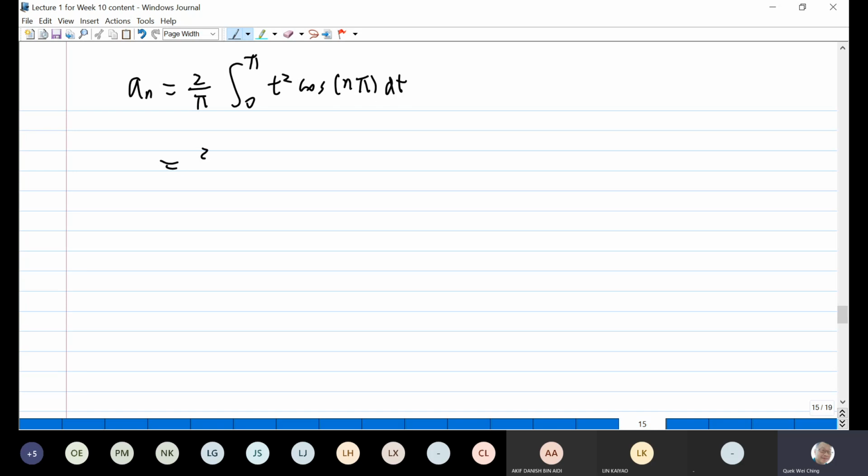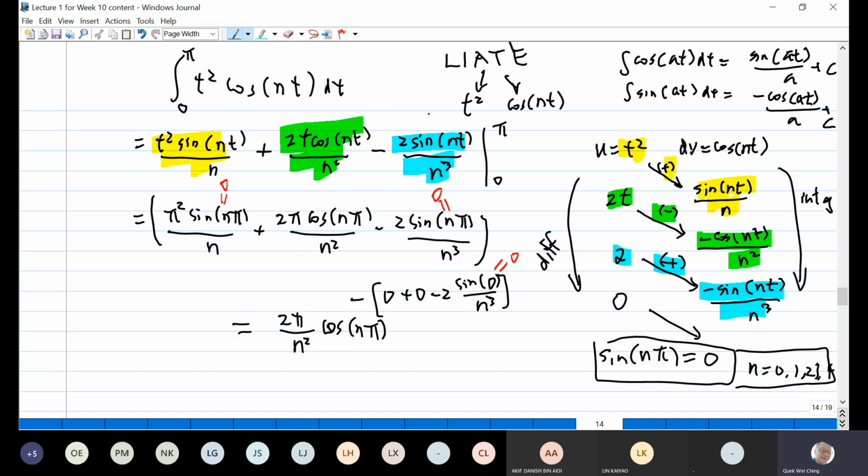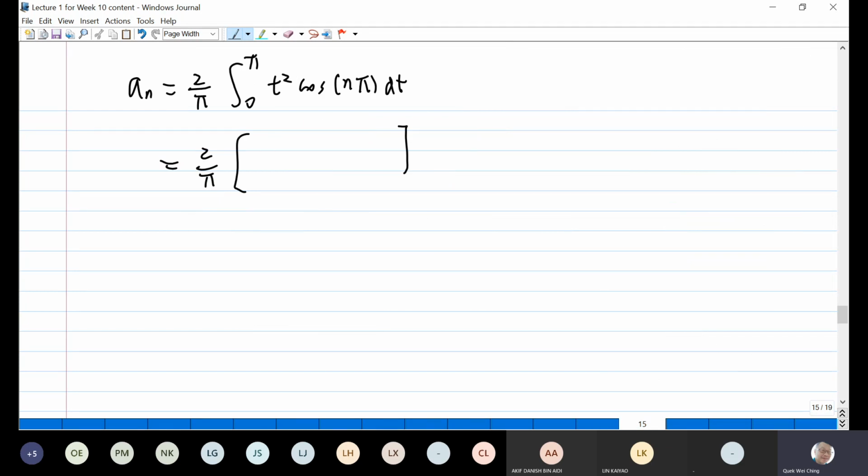We find out that this integral is actually equal to 2 pi over n squared cosine n pi. So you can simplify: this is actually 4 over n squared cosine n pi.